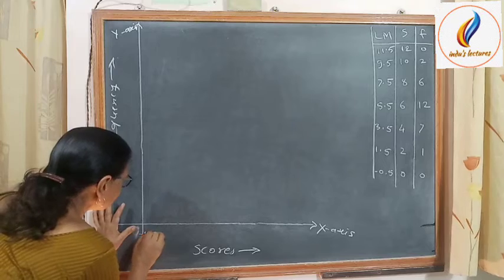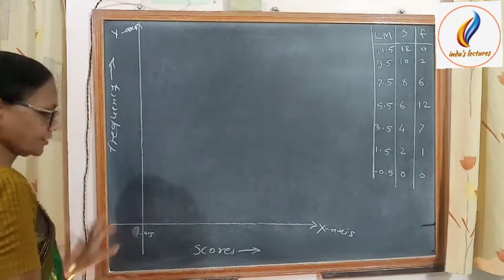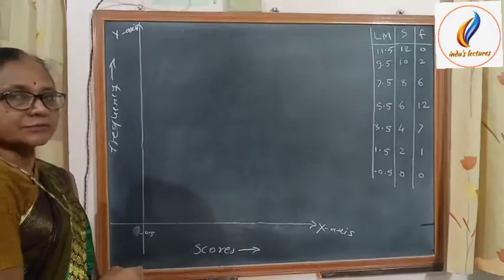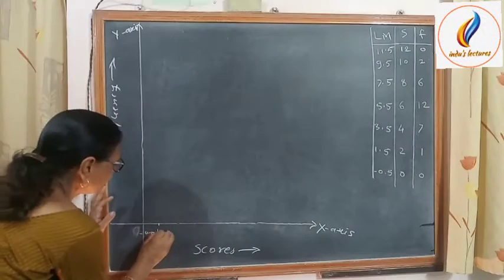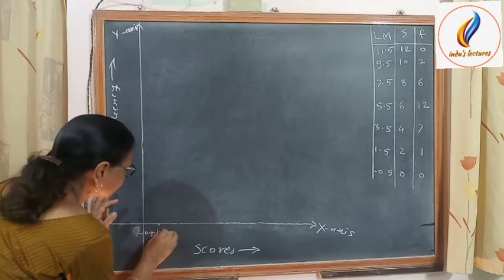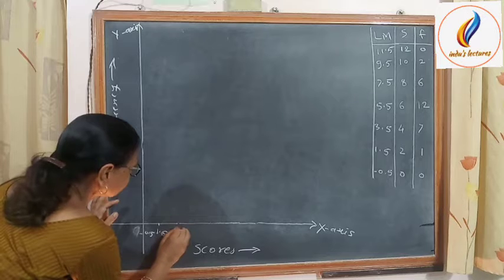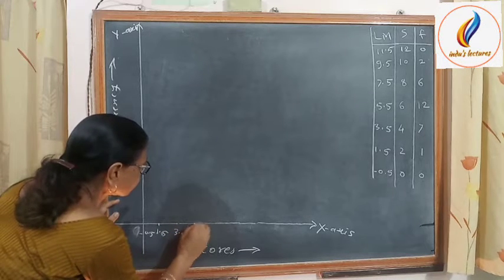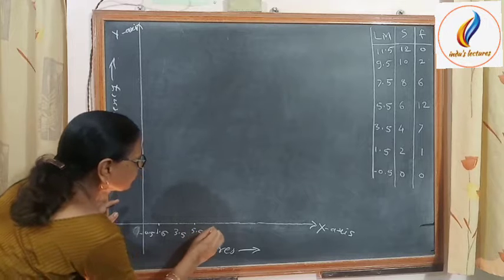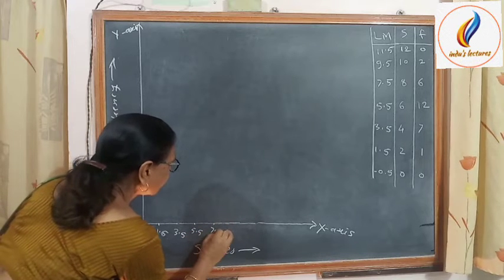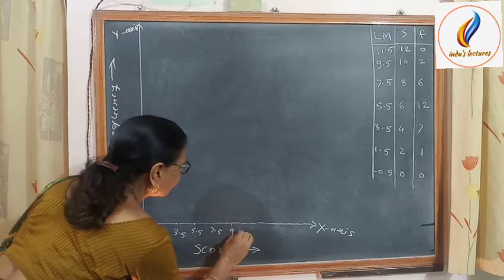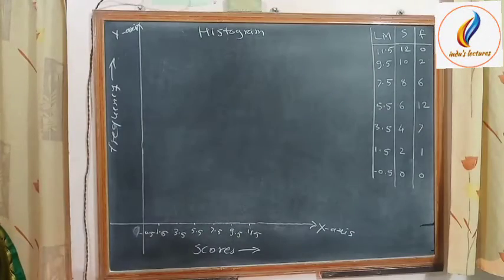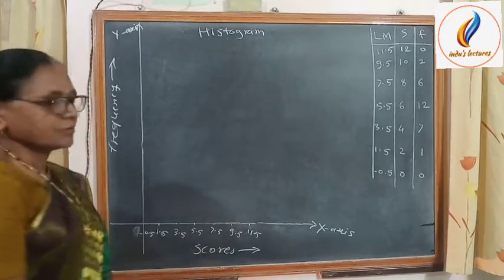Then we mark the lower limit of each score on the x axis. This is 1.5, then next is 3.5, then 5.5, then 7.5, 9.5 and 11.5.